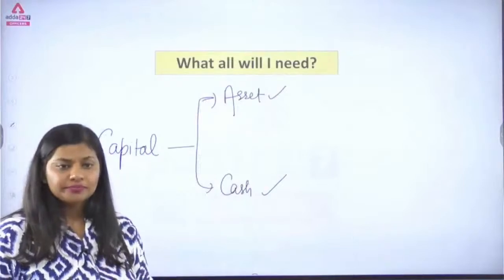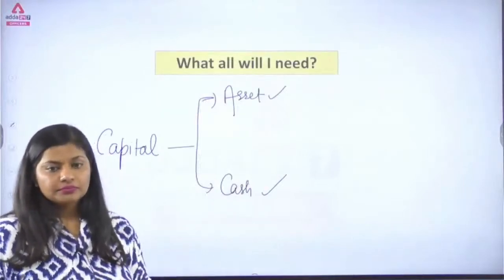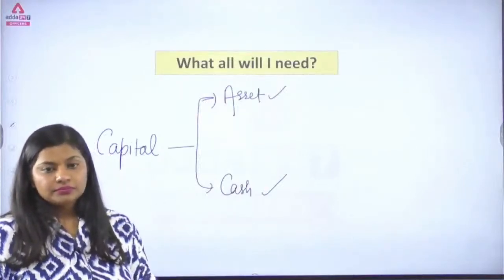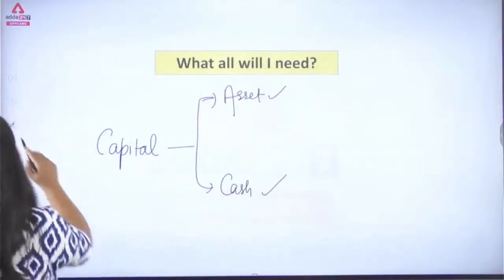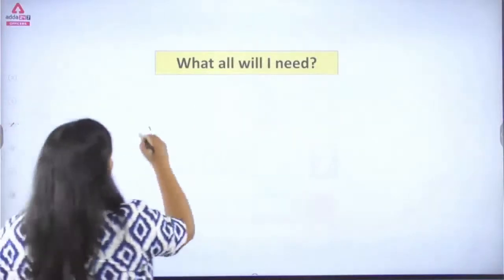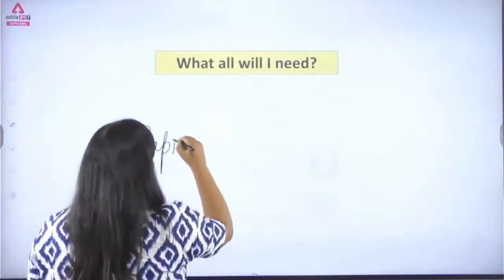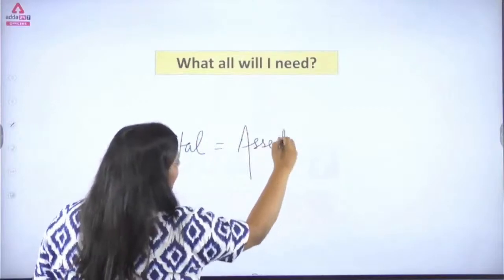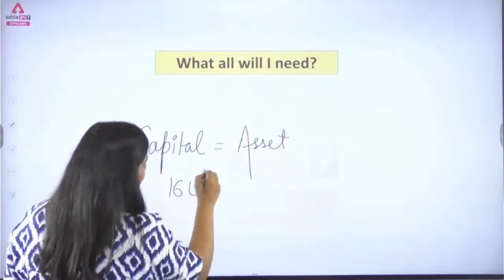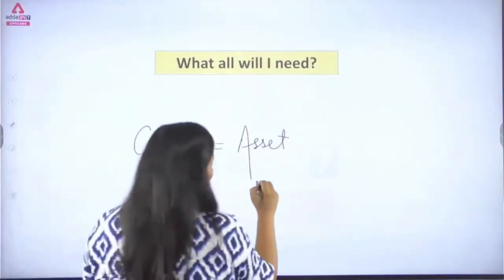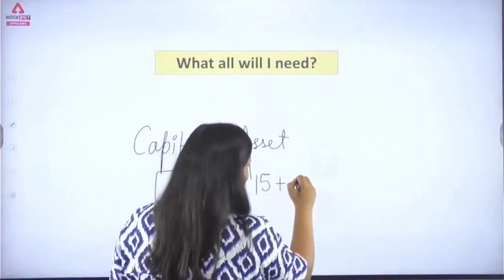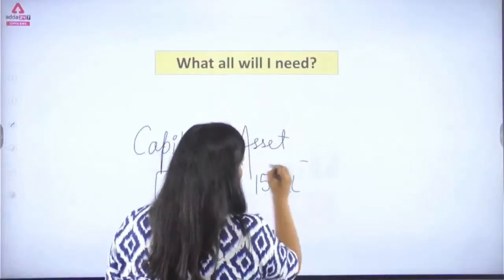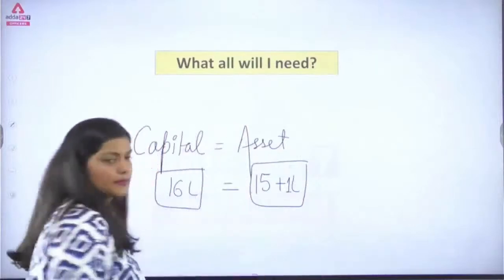Agreed to this point? Correct. That means capital is equal to asset. How much was the amount of capital that the owner brought? I brought 16 lakh, and that was brought in the form of a 15 lakh truck and 1 lakh cash.